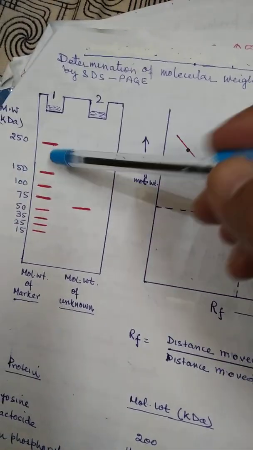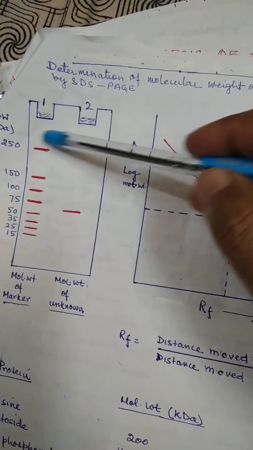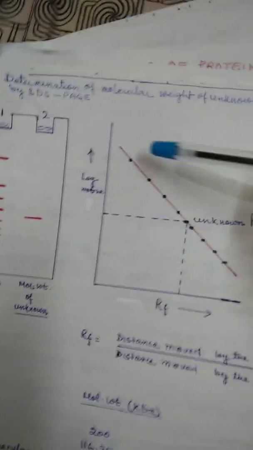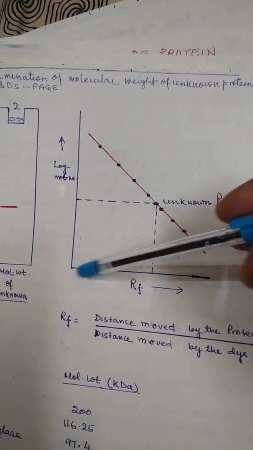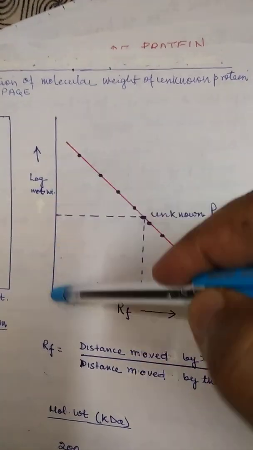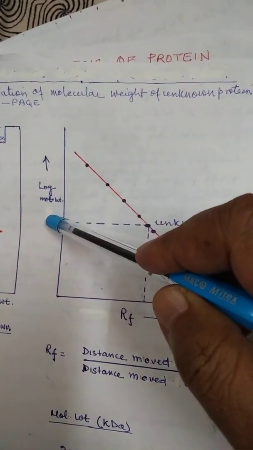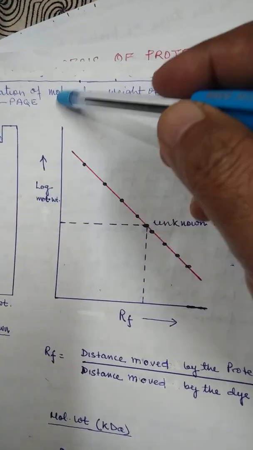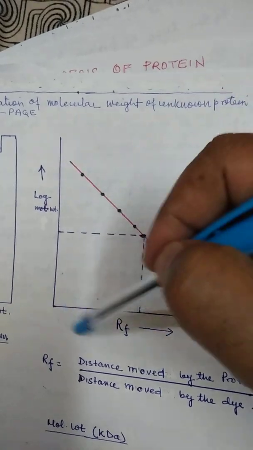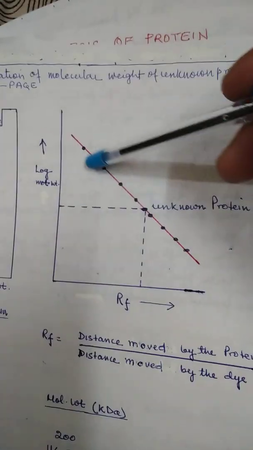By determination of the RF value of each marker protein, we plot a graph putting RF value on the x-axis, and the log of molecular weight of each protein on the y-axis. By this method, we get a straight line.